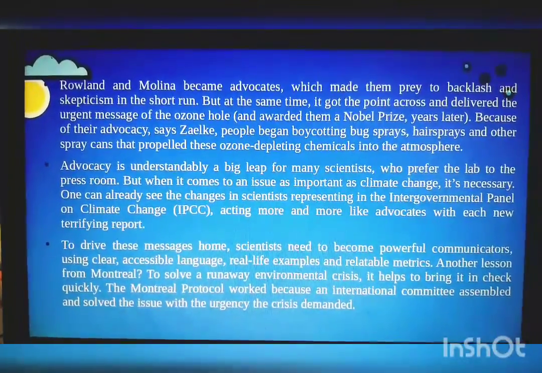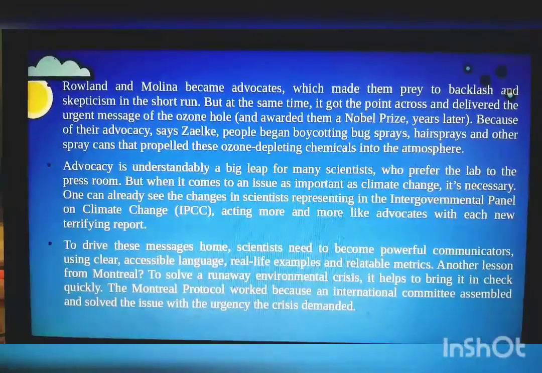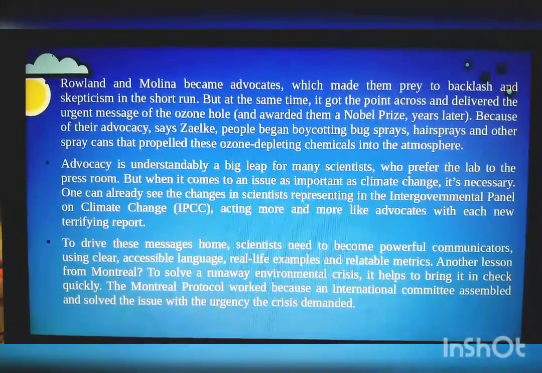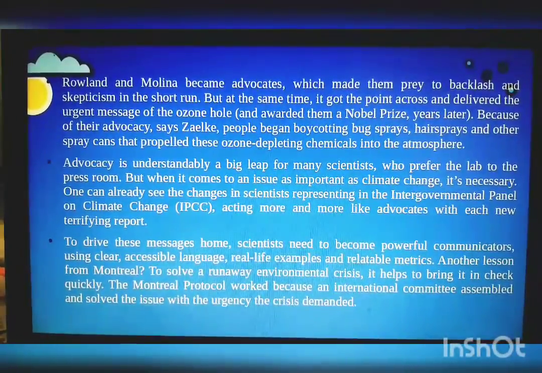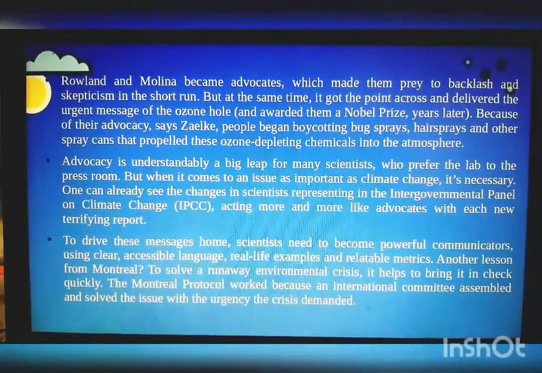To drive this message home, scientists need to become powerful communicators using clear, accessible language, real life examples, and relatable metrics. Another lesson from Montreal: to solve a runaway environmental crisis, it helps to bring it in check quickly.